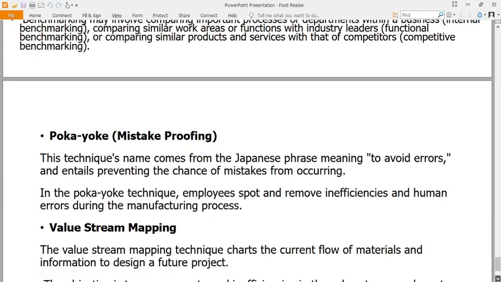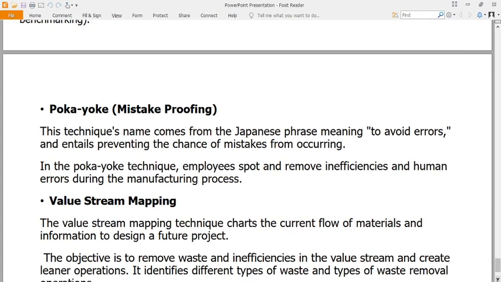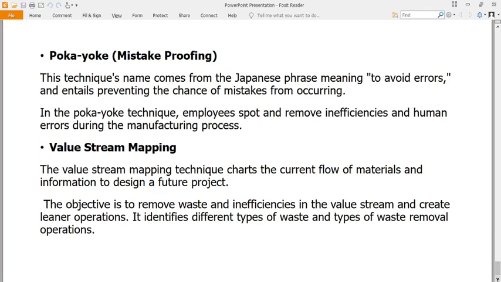Then mistake proofing, or poka-yoke. Here we try to come up with ways of preventing errors or chances of mistakes from occurring. Then value stream mapping.